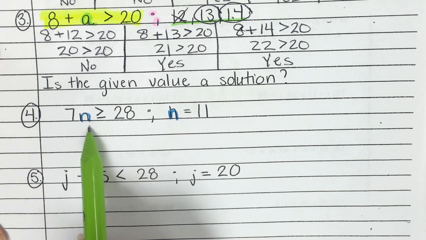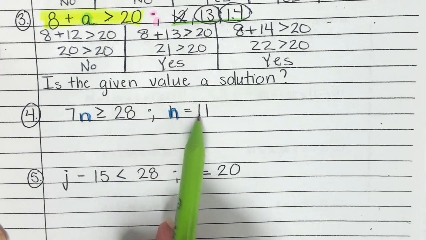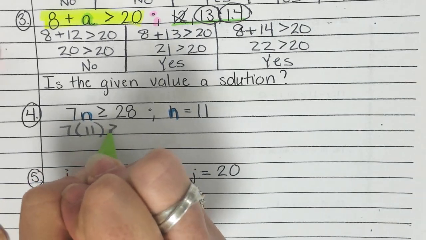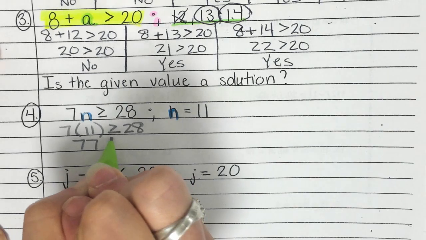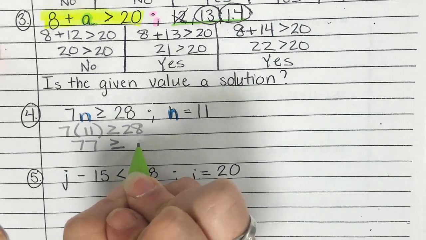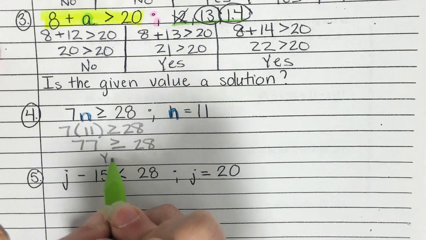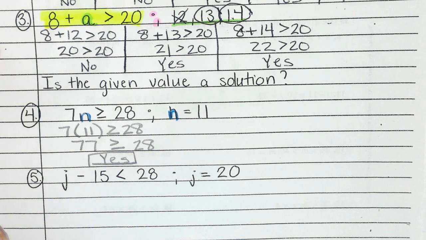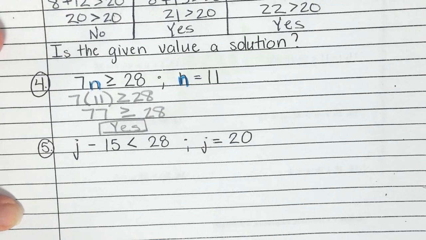Okay, so what you do is 7 times n is greater than or equal to 28. If I fill in n as 11, 7 times 11, which is 77, is 77 greater than or equal to 28? Yes. So, write it out and then put the yes.